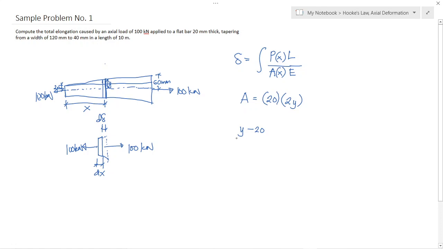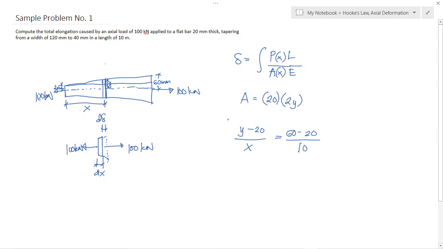So, y minus 20 divided by x is equivalent to, this vertical distance is equivalent to 60 less 20. Right? 60 minus 20, all over the total length. What's the total length? The total length is 10 meters. Okay, over 10.